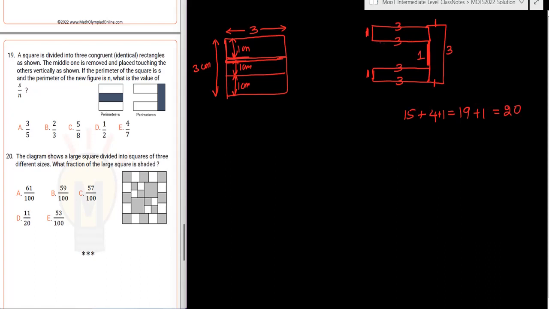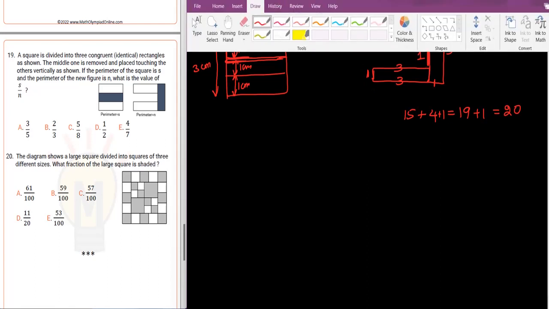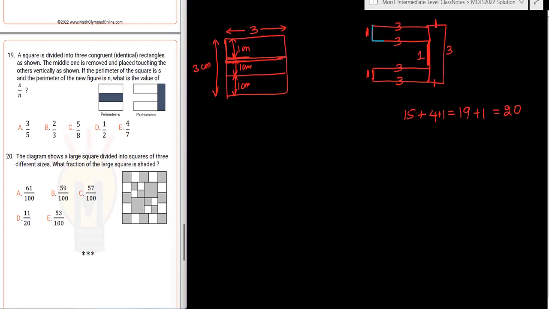Right? So I'm just taking the square to be 3 centimeters, removing one rectangle and putting it on the side. And I'm adding all the sides to find the total perimeter. So the perimeter for the new shape is all these sides which I just added. By adding all these numbers, we get 20.